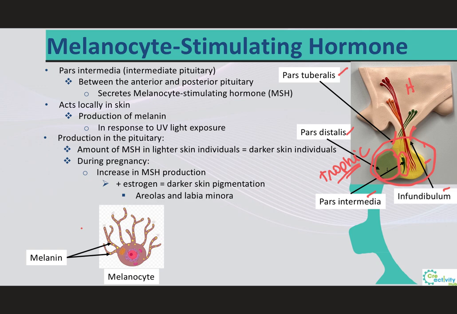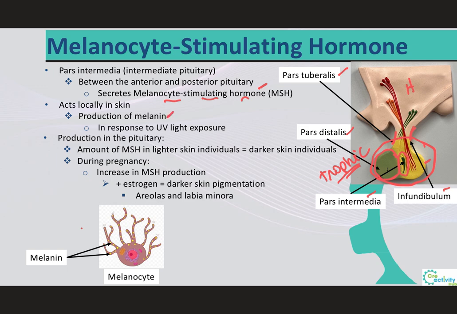And the cells of the pars intermedia are the ones that will secrete this hormone known as melanocyte stimulating hormone.